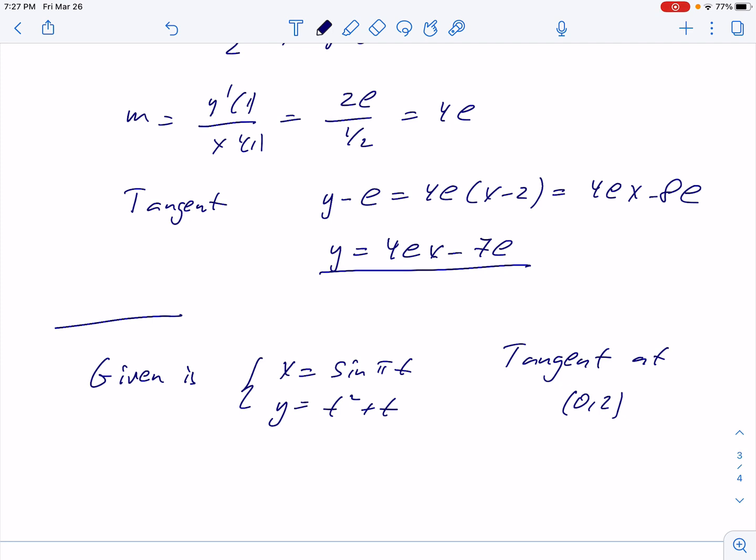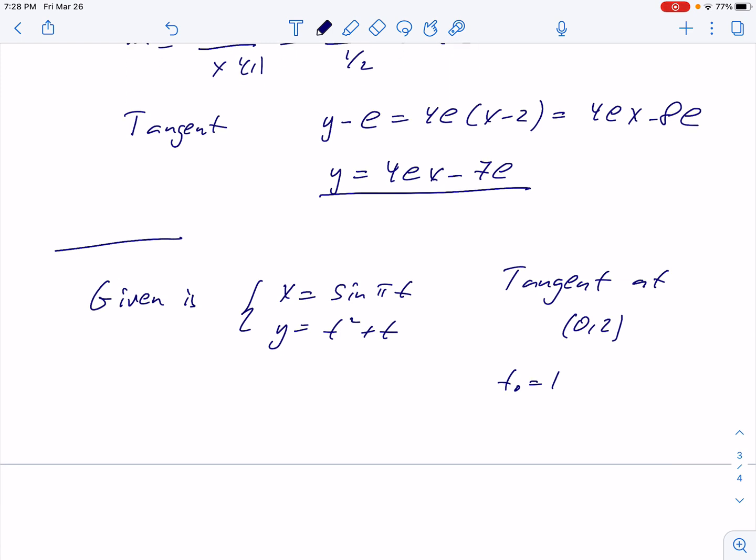So x of t0 should be 0, y of t0 should be 2. So what is t0? Thinking more carefully, we discover that t0 has to be 1. Sine of pi is 0, and y of 1 will be 1 plus 1, 2.